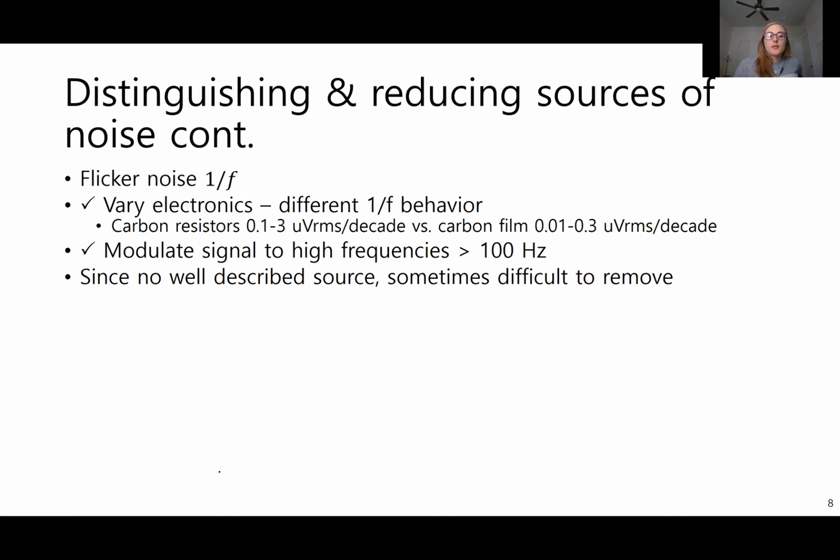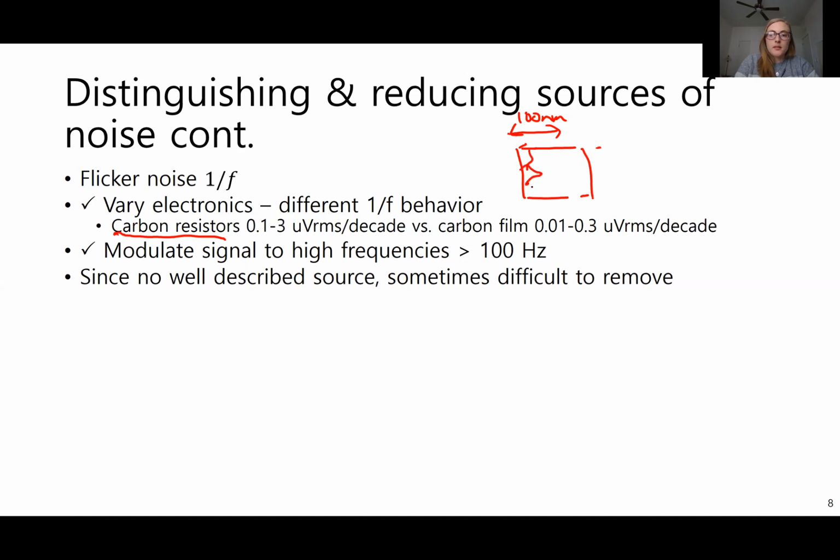And then with our last two noise sources, we talked about flicker noise yesterday, that there's not a really well-described source, so it's not always easy to remove. But there are different flicker noise or pink noise behaviors with different electronics. In the lab, we're using carbon resistors, and these have carbon grains in them. Let's say we're looking at 100 nanometers or so.